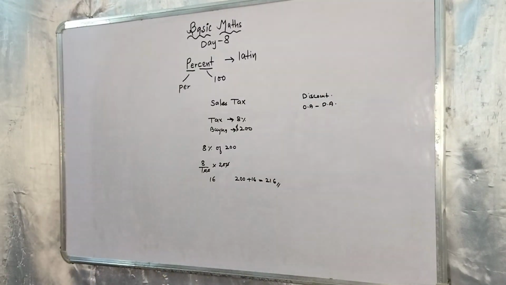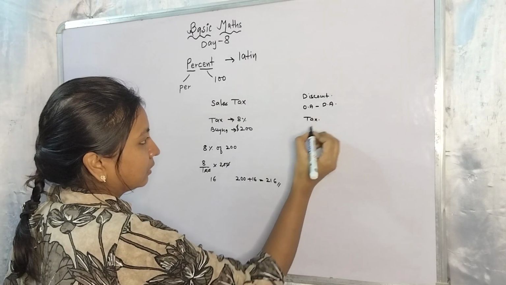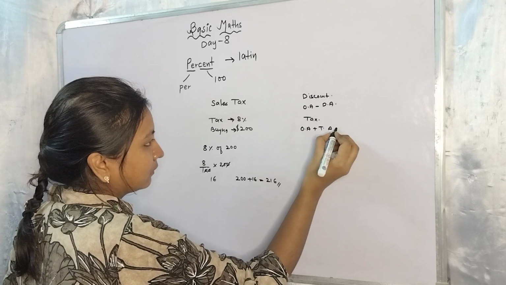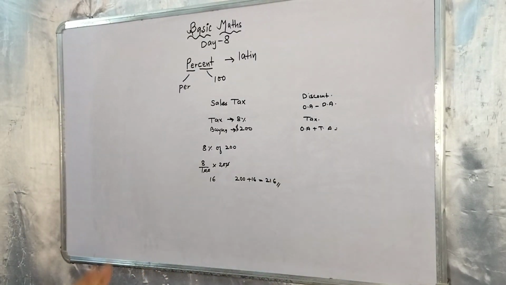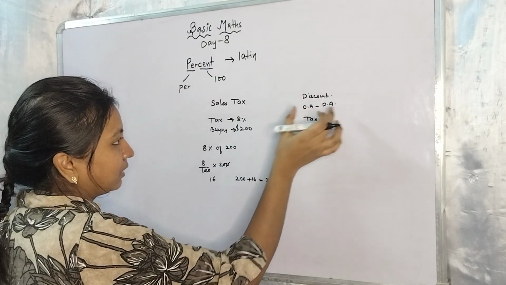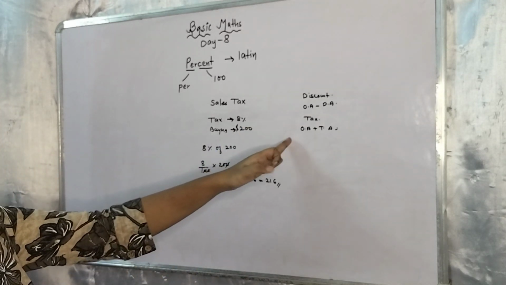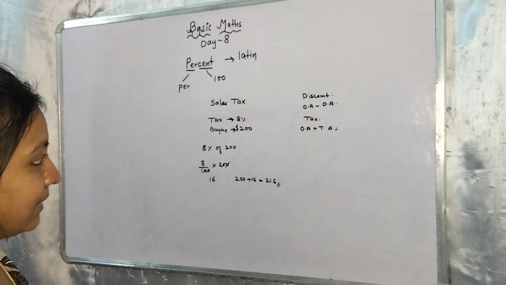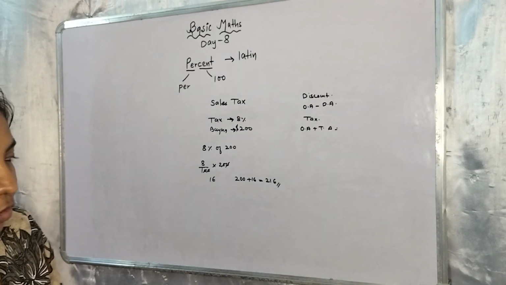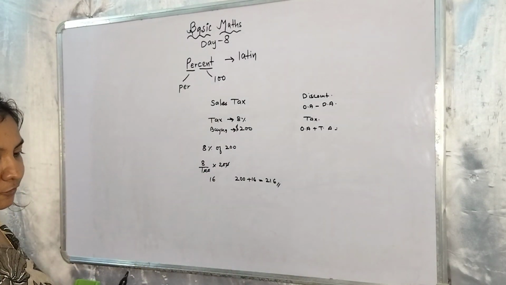Fine. But in tax the original amount will be added with the tax amount. So this should not be misunderstood. Here we are subtracting because we got a discount, but tax is always added, because the tax amount goes to the government. So tax is always added to the original amount. So you should know this difference.